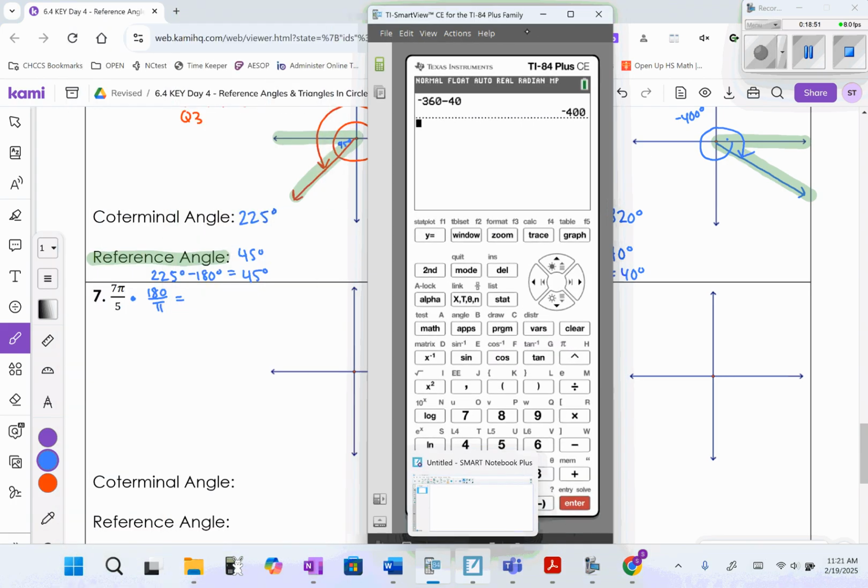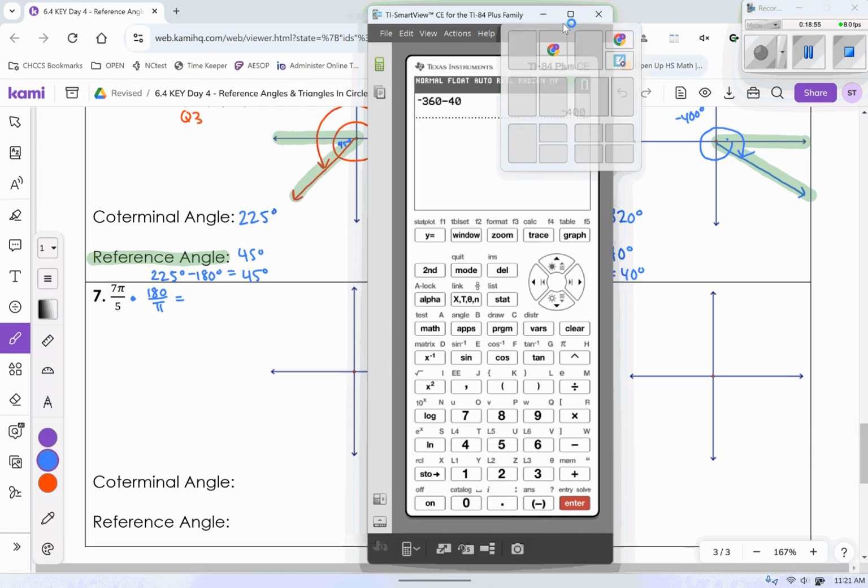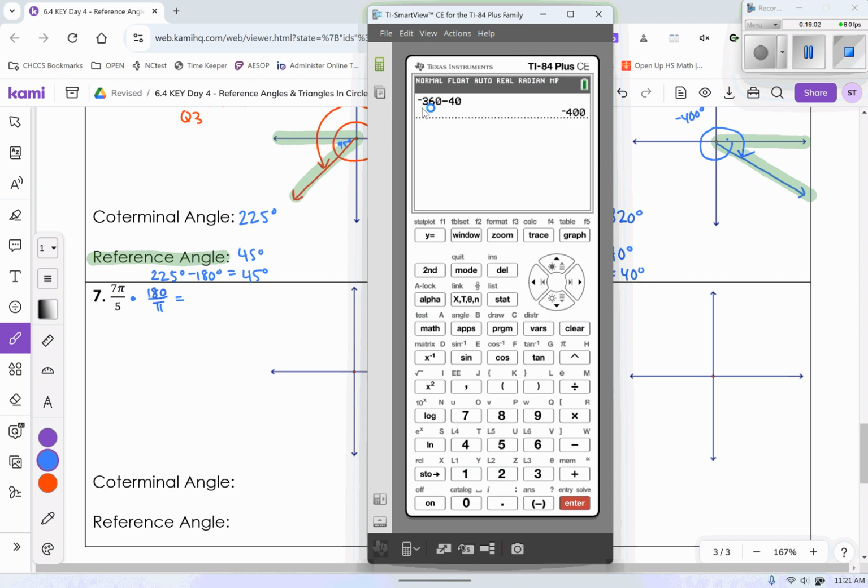So we have, in this case, 7 times 180 and divide that by 5, we get 252 degrees.